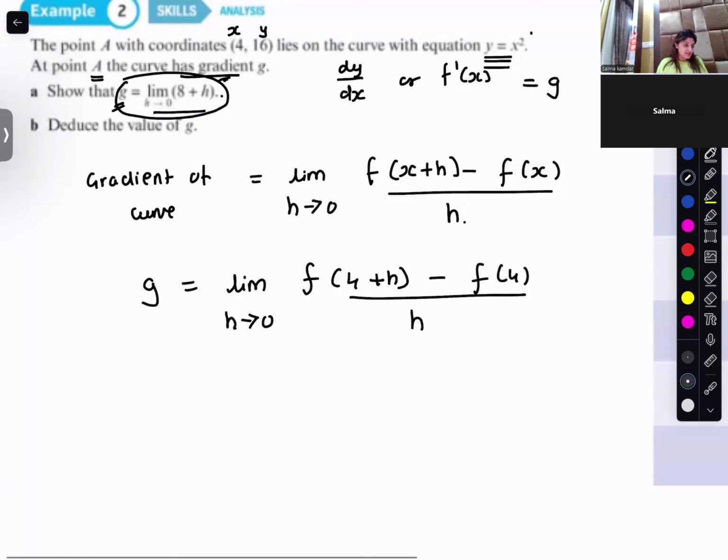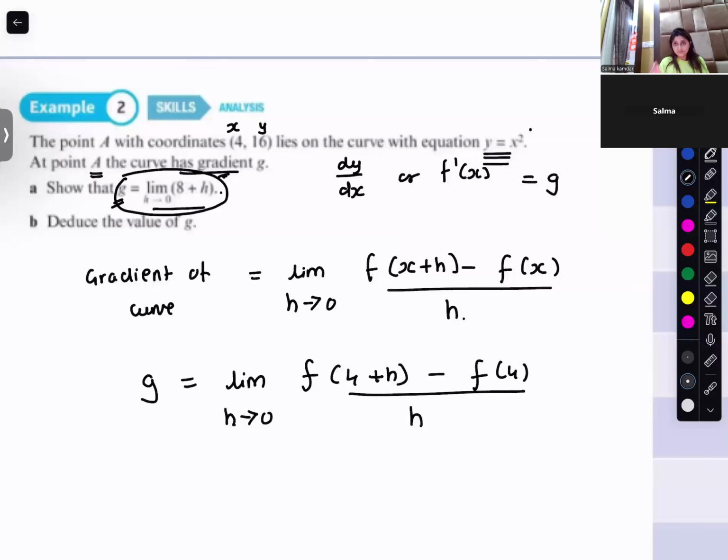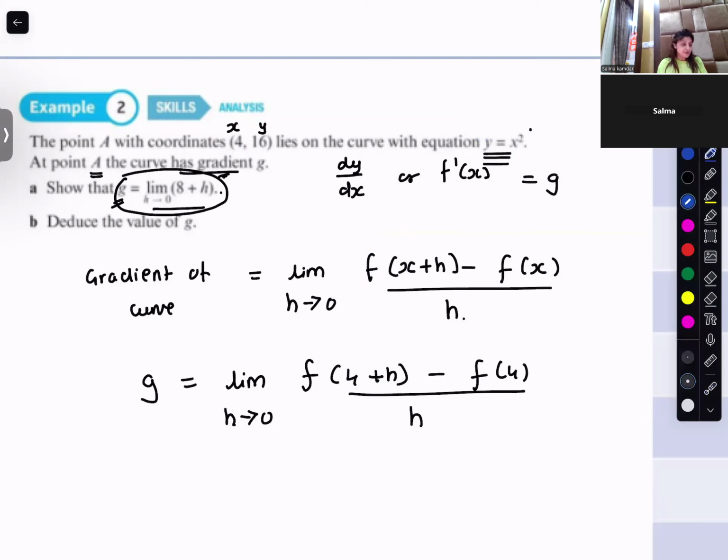Now I will solve this. But y is equal to x square. So f of x plus h minus f of x. Okay, x plus h, that is 4 plus h, minus f of 4. But remember, my f of x is nothing but x square. So do not forget to square the brackets.